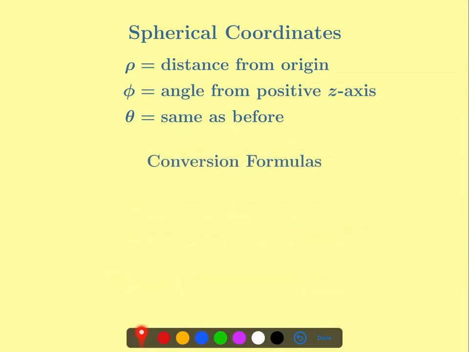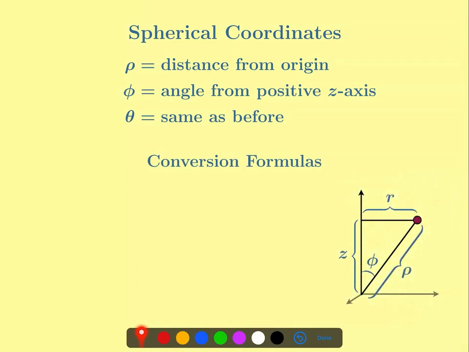Let's look at some conversion formulas. So if we want to know how to write, say, a point in spherical coordinates, if we know what it is in rectangular coordinates, say, or something like that, we want to get cylindrical coordinates as well in here. There's a good little picture to keep in mind for converting, and that's more or less the picture I had before.